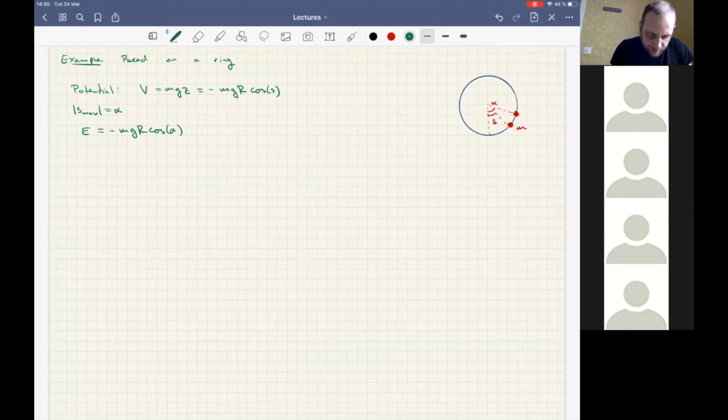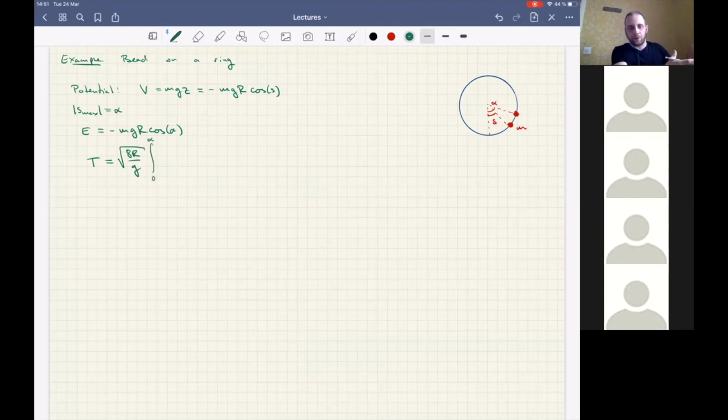So if I take the expression for the period that we just wrote down, and I write it out, I'm going to end up with the square root of 8r over g, and then the integral from 0 to alpha.